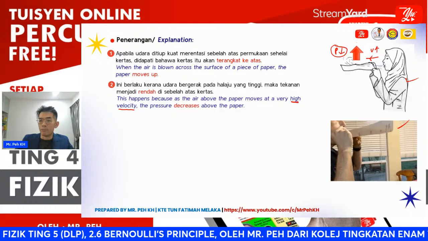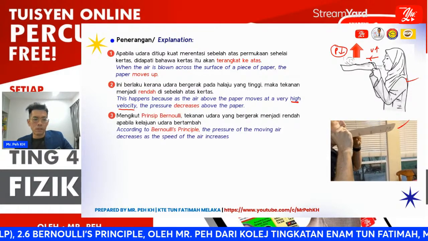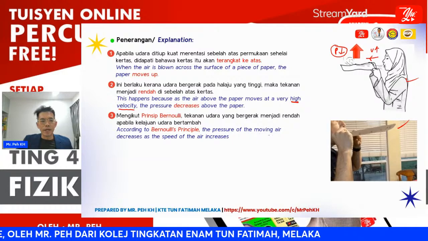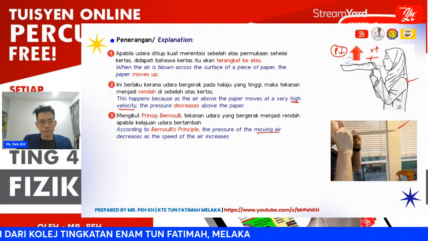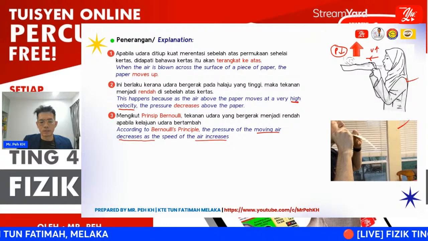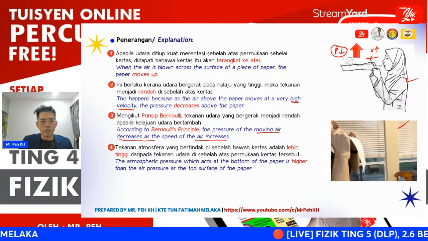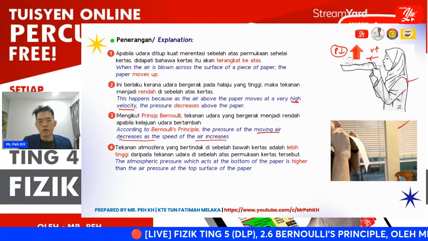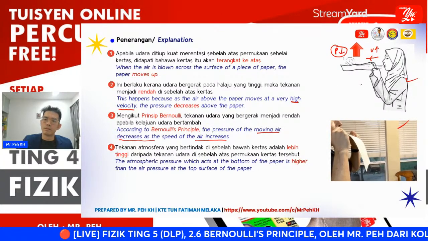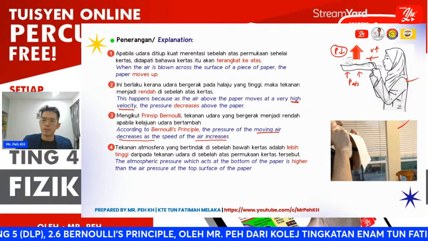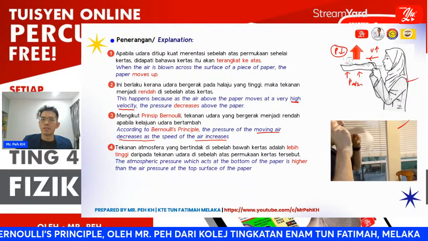According to Bernoulli's principle, the pressure of moving air decreases as the speed increases. So the atmospheric pressure at the bottom of the paper is higher, acting on the paper and higher than the pressure above.